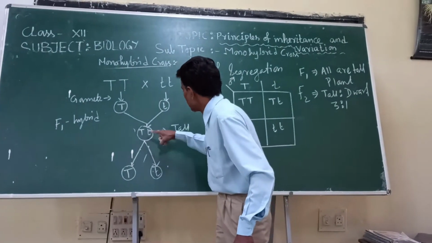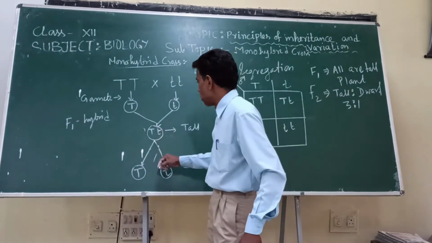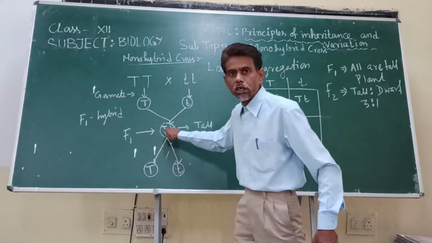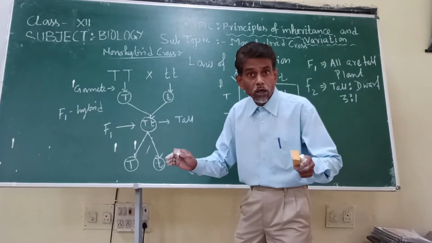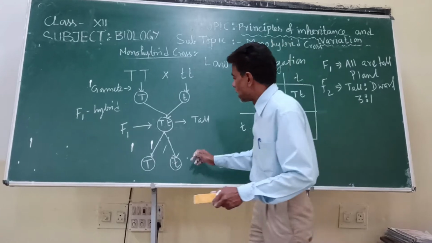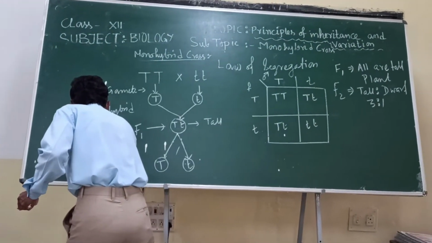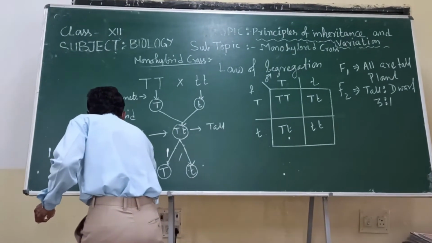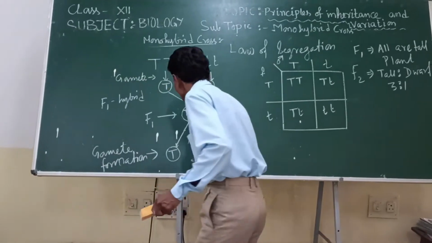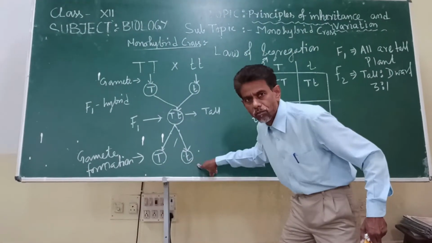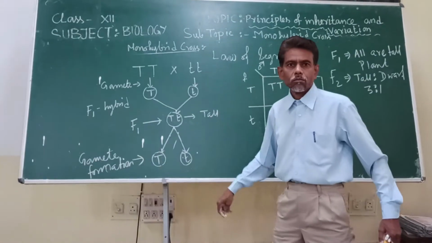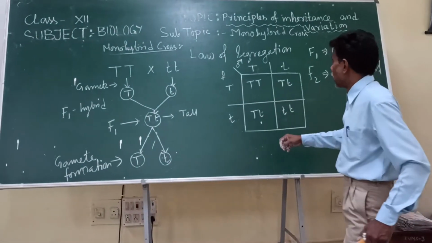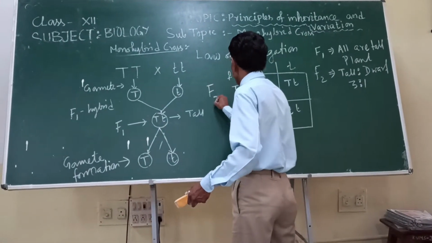That means the two alleles which were present in the F1 hybrid remained side by side, they did not mix with each other, and during gamete formation the two alleles separate from each other, that is, segregate from each other. As a result of this segregation, we got the product here in the F2 generation.